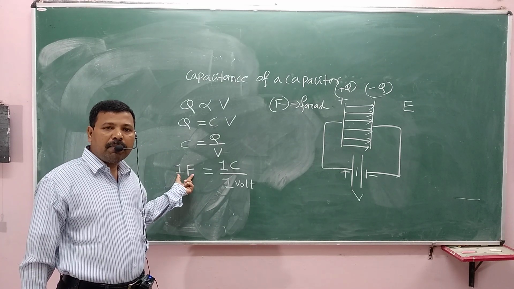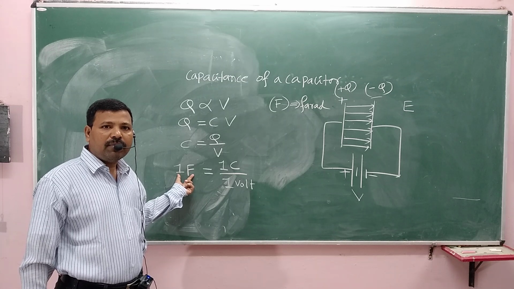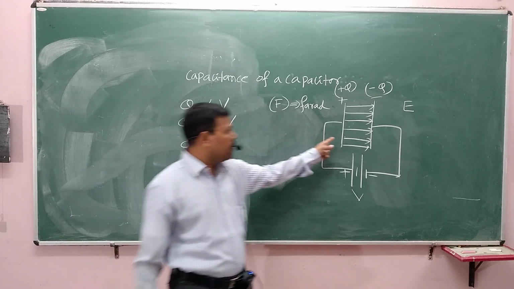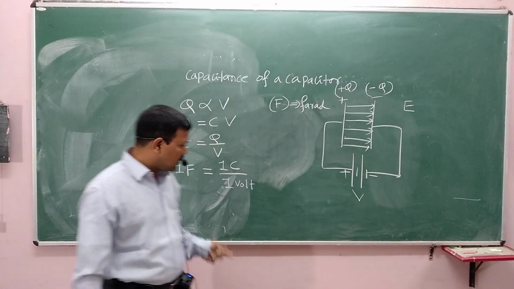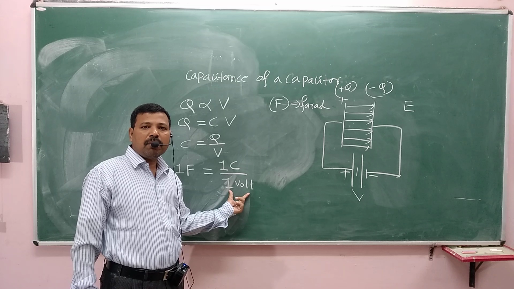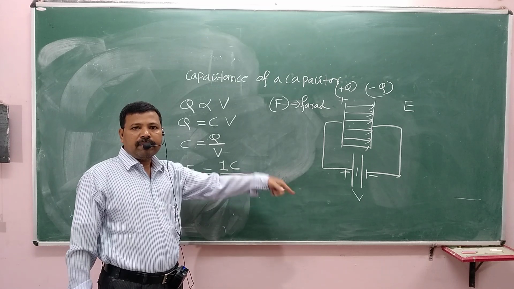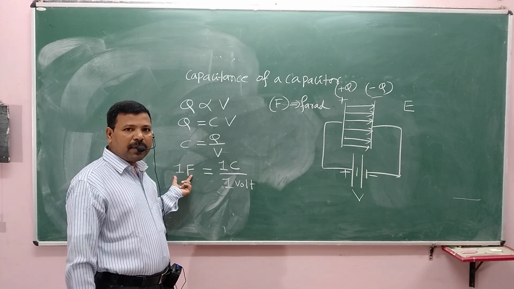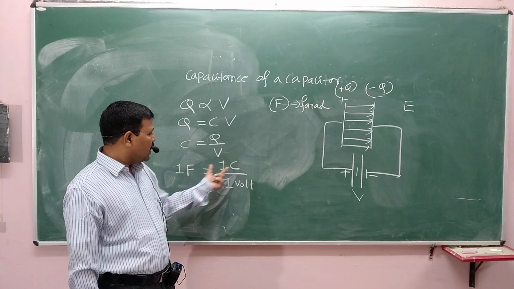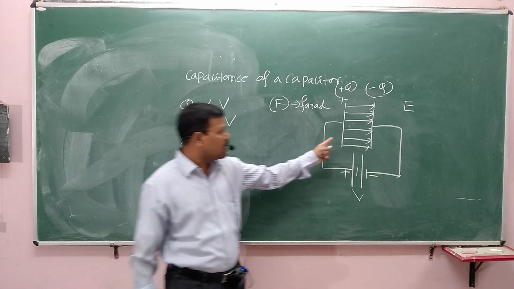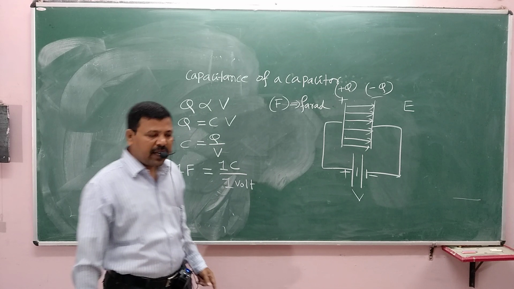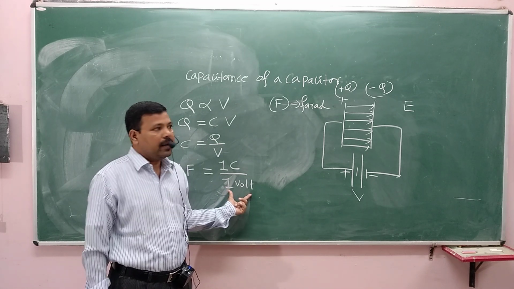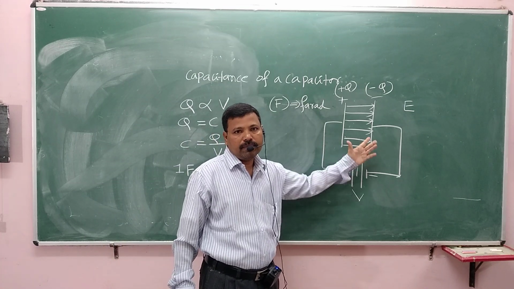The capacitance of the capacitor is said to be 1 Farad if 1 coulomb of charge is acquired by each plate of the capacitor when a potential difference of 1 volt is applied across it. I repeat, the capacitance is said to be 1 Farad if 1 coulomb of charge is acquired by each plate when a potential difference of 1 volt is applied across this capacitor. Fine.